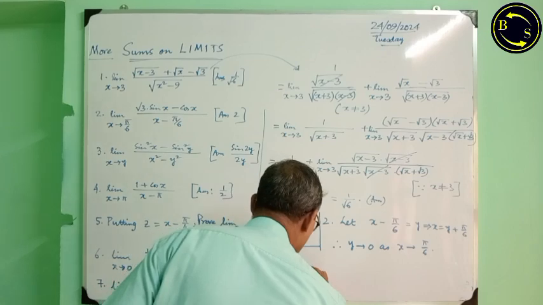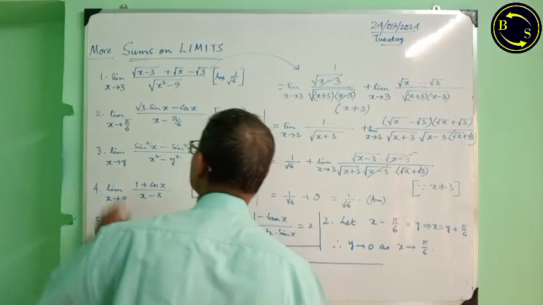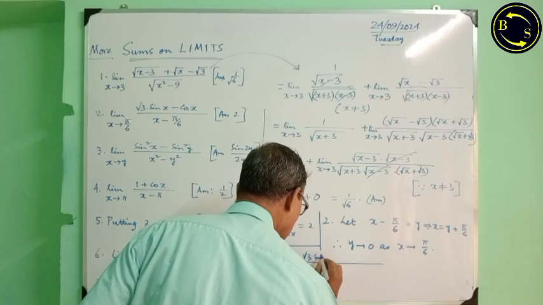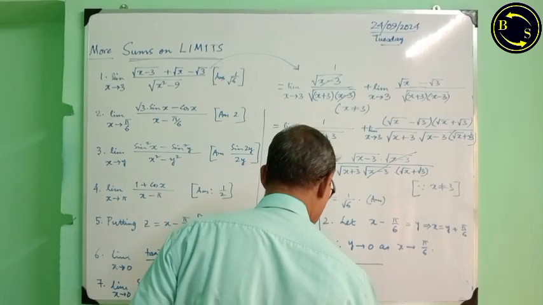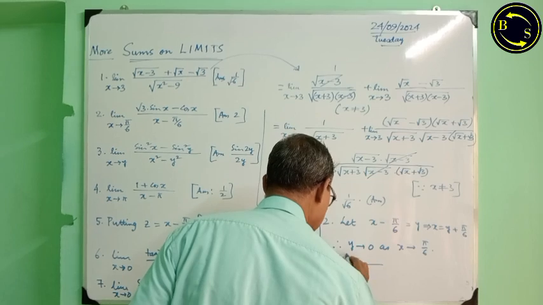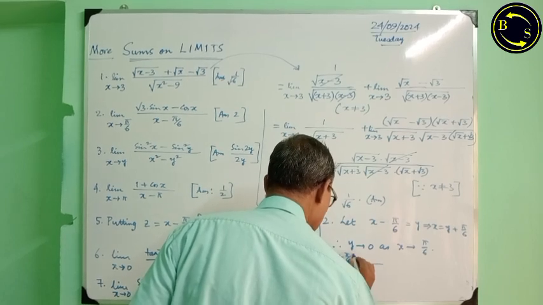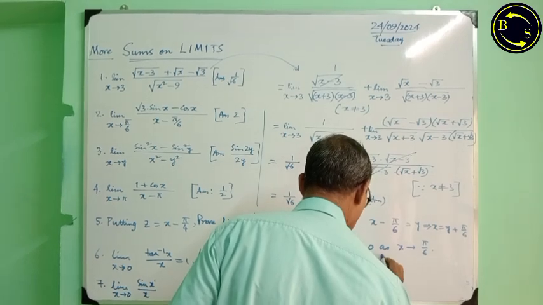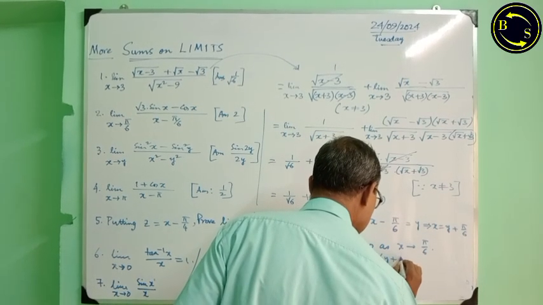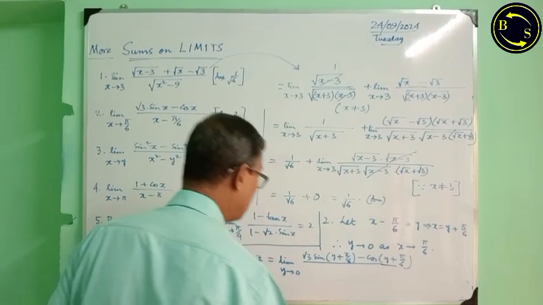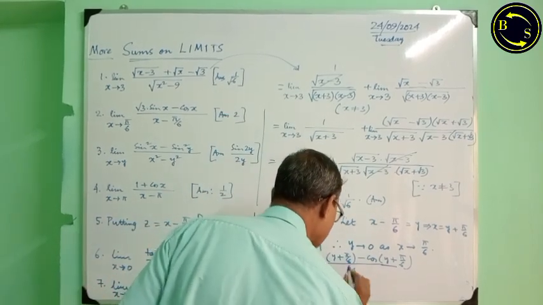Therefore, we substitute that: root 3 sine within brackets y plus pi by 6 minus cos of y plus pi by 6, and the denominator is y.